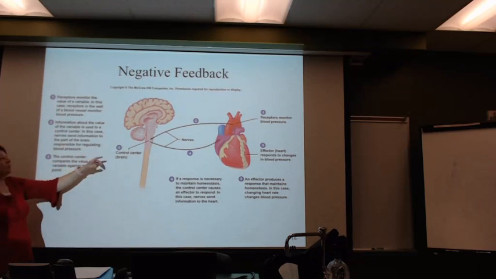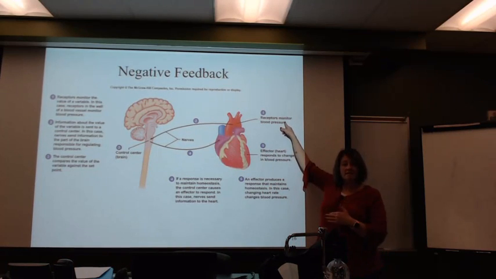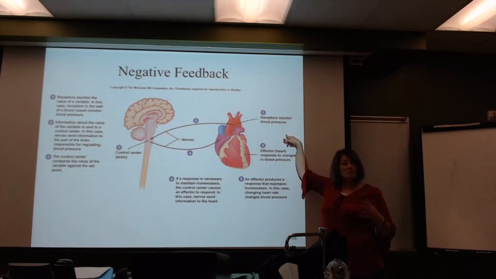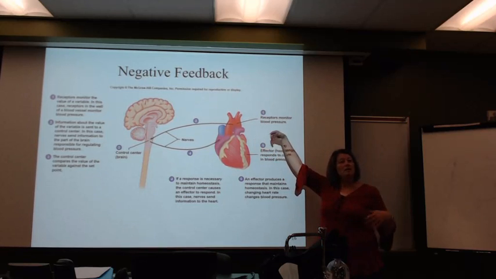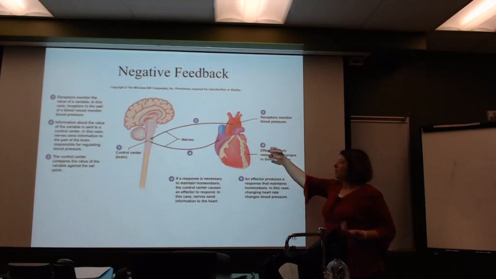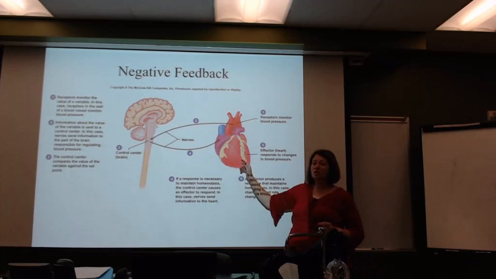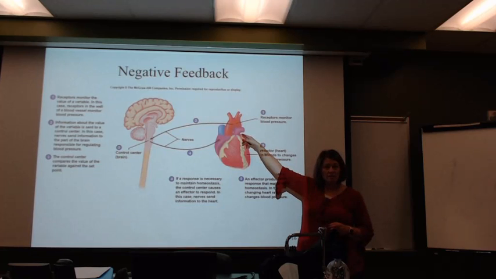Receptors. So if we come over here, we have receptors, which I think in this case, for this system, this is really cool, okay? When you go into part 2 of A and P, and you get into the cardiovascular system, and you begin to learn about the aorta, the vessels of the body, you'll understand why these receptors are so close to the ejection of blood out of the heart.